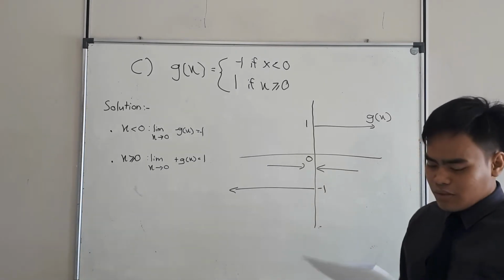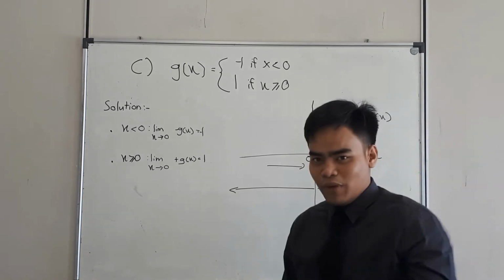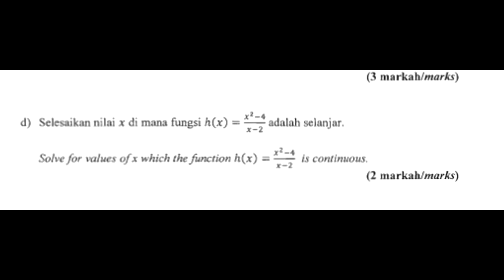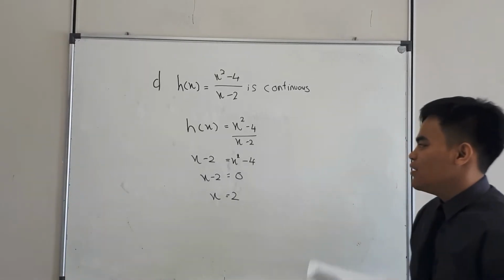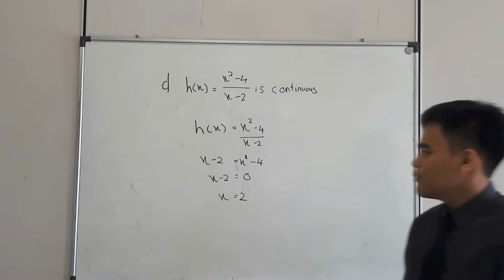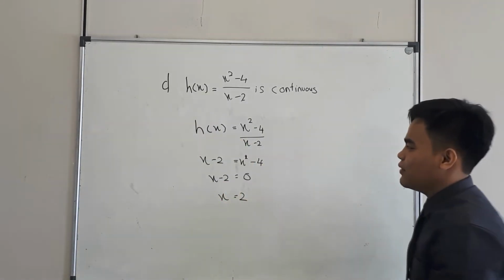Now I continue to D. Solve for the value of x for which the function h(x) is continuous. Okay, let me explain. This is the solution.